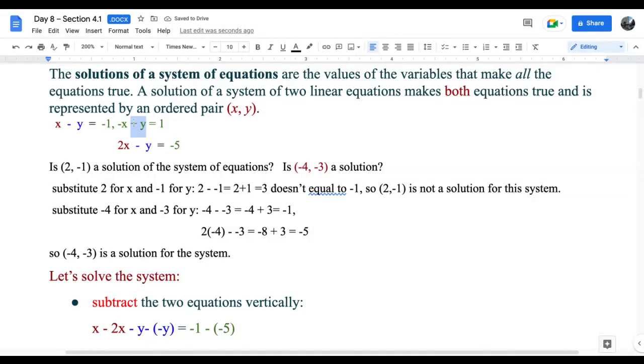When we add, we add negative x with 2x, that becomes x, right? Add vertically, add the two equations.